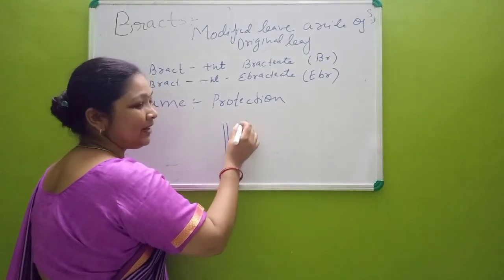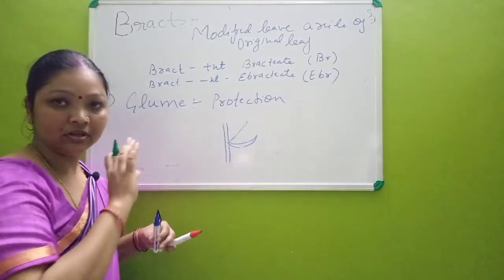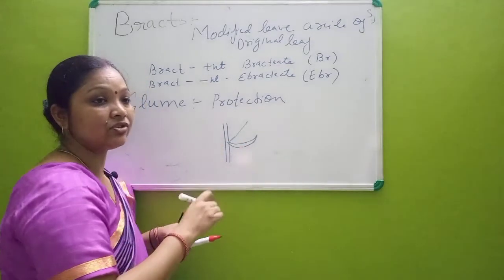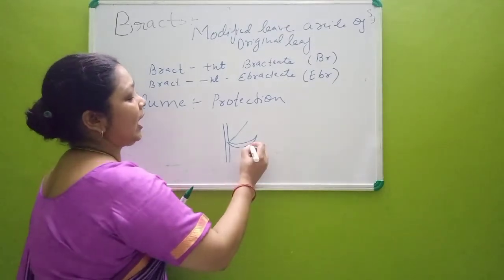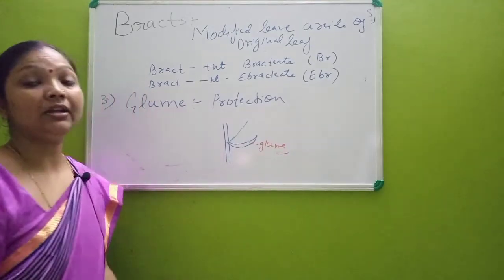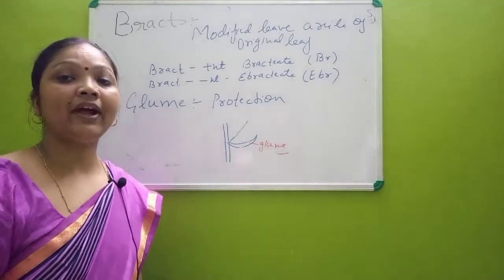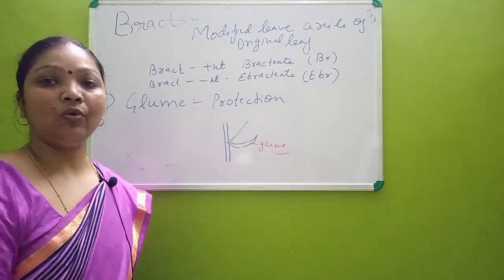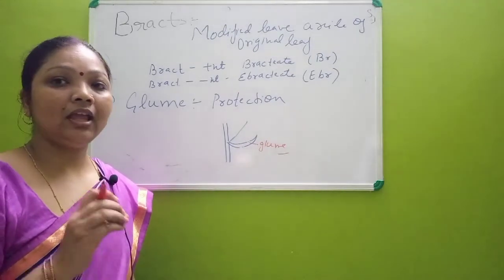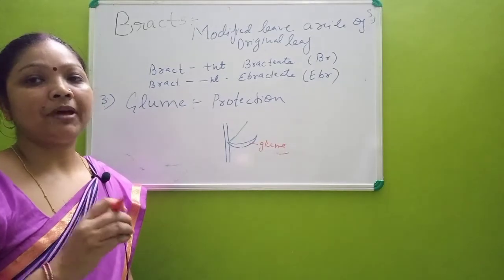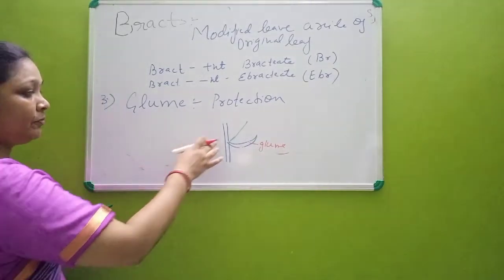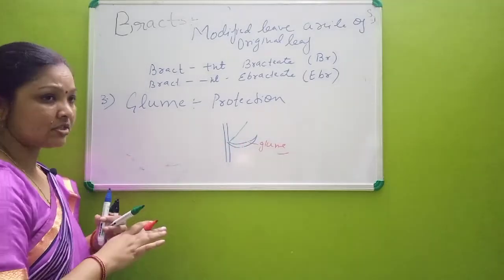We will deal with the petals and sepals when we study inflorescence. This brown structure is called the glume, a modified bract which is brown, spiky, and for the protection of the flower or the inflorescence.